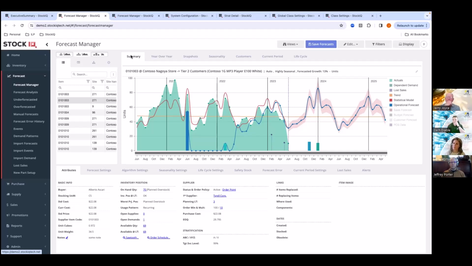Jeffrey, I just wanted to say, I really appreciate the quick demo, understanding and really seeing StockIQ and its demand planning capabilities. I just wanted to take a moment, because I know we saw a lot there, and tell the audience, for those of you that are still working out of Excel models, don't worry, you're definitely not alone.